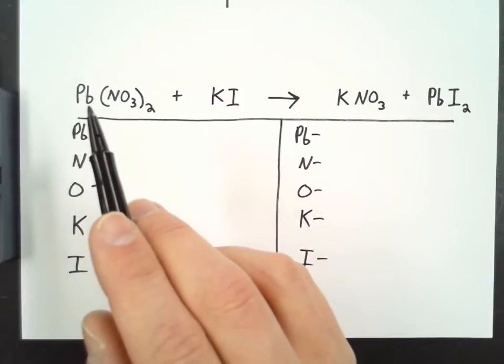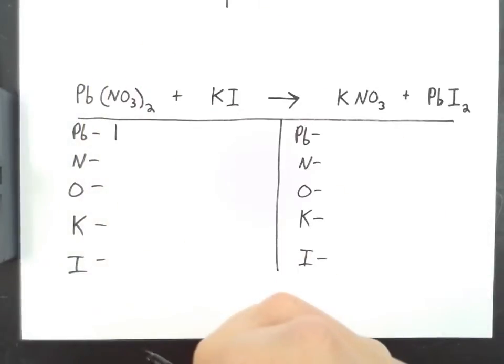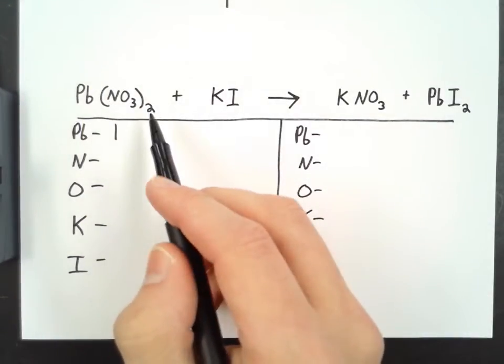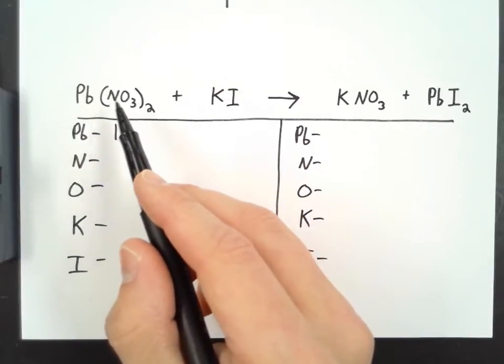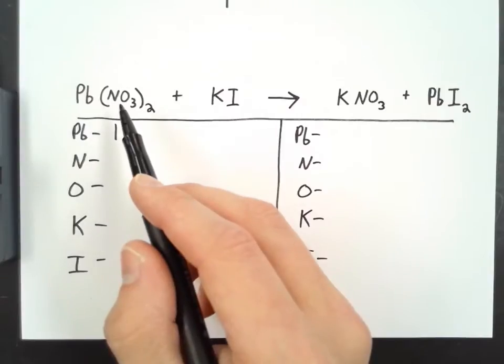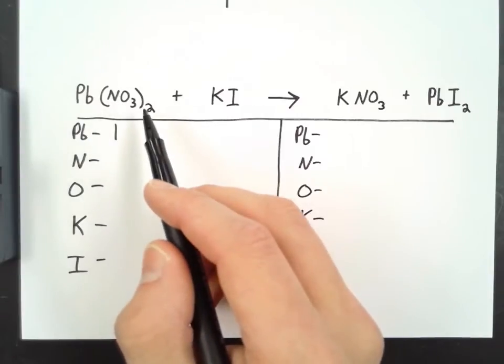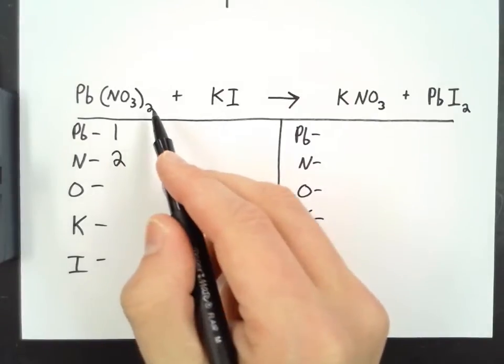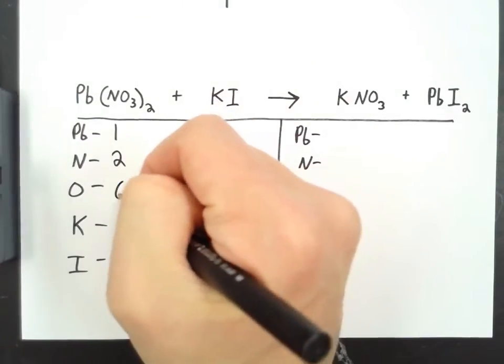So I have 1 lead, and here's where it gets a little bit tricky. Now I have NO3 enclosed in parentheses with a 2 subscript. This means everything inside the parentheses will be multiplied by 2. So the 1 nitrogen is multiplied by 2, so that gives me 2 nitrogens. The 3 oxygens are multiplied by 2, so that's 6 oxygens.